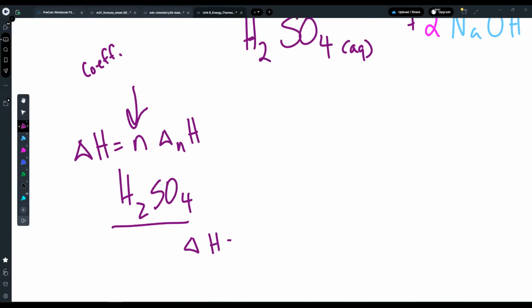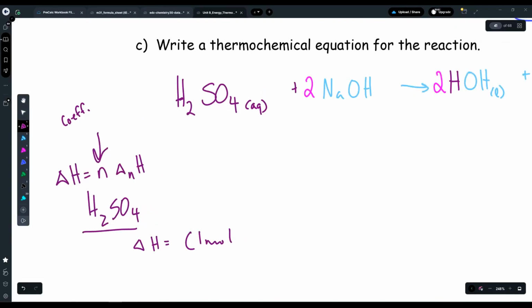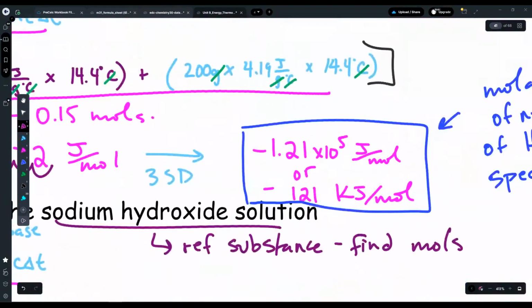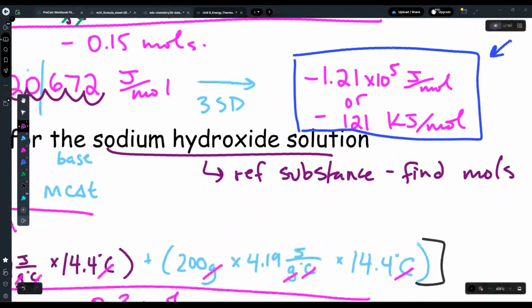Okay, so change in enthalpy, so we have 1 mole for sulfuric acid, and then our molar enthalpy of neutralization for that, I'm going to choose to use kilojoules per mole, so that was negative 121.